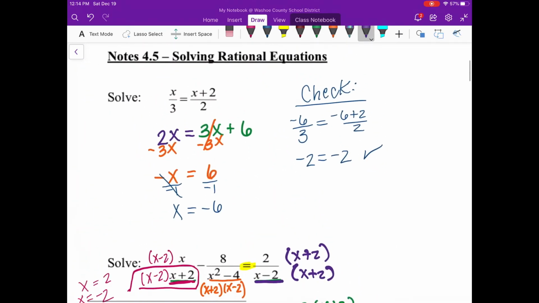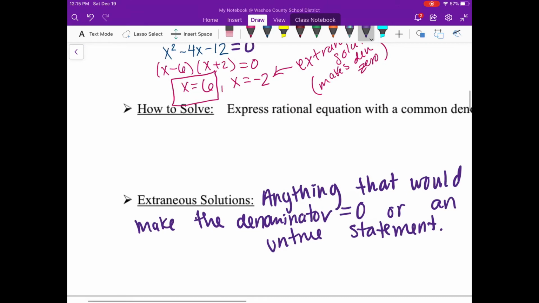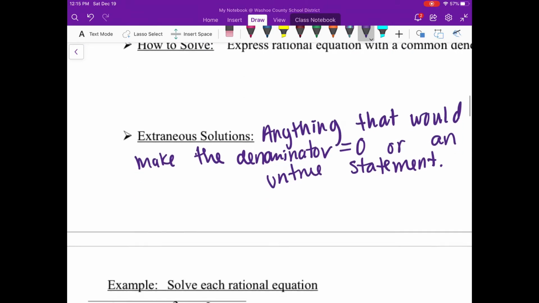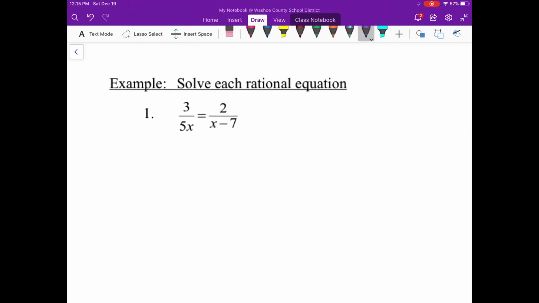What I mean by an untrue statement is, if I go back to the very first example and substitute in anything other than negative 6, this would not be a true statement. Something like 12: if I substitute in 12, I would get 4 on one side and 7 on the other side. So it would not be a true statement. That's what that means. So let's jump into some examples here.